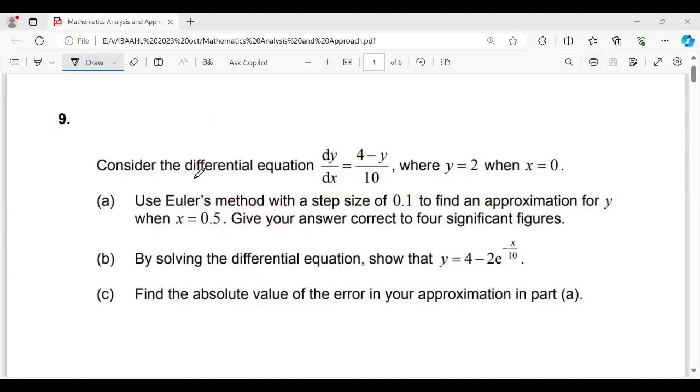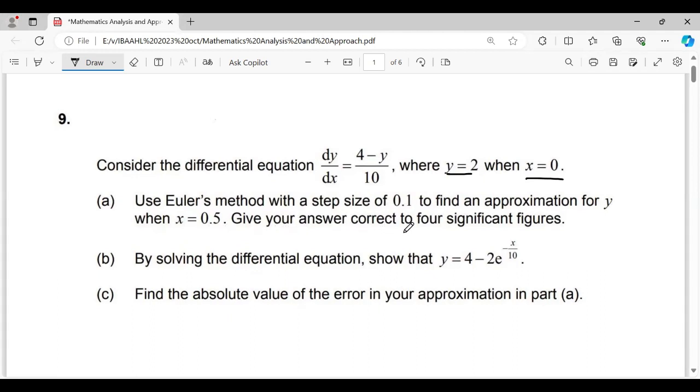9. Consider the differential equation dy/dx equals 4 minus y over 10, where y equals 2 when x equals 0. A, use Euler's method with a step size of 0.1 to find an approximation for y when x equals 0.5.